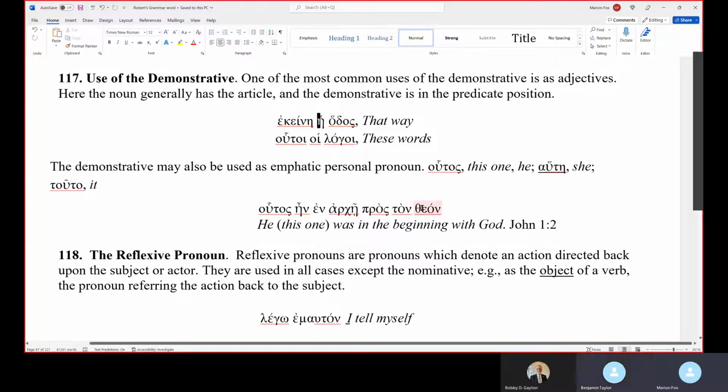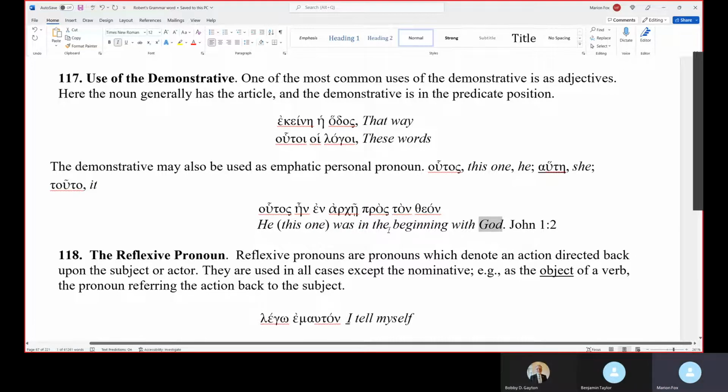And theos is not a name, okay? It's a name of a set of characteristics, not a name of a person. And we make it a name in English, and that's okay. I don't have any objection to it. And I'll always capitalize it going with the English usage. But it's really a name or designation of a set of characteristics that one has. So this one was being in the beginning with the deity or the God or with God. Okay.